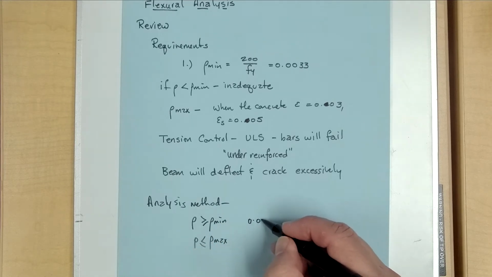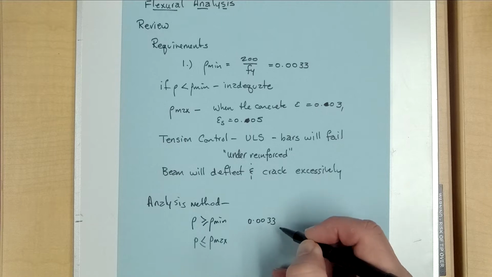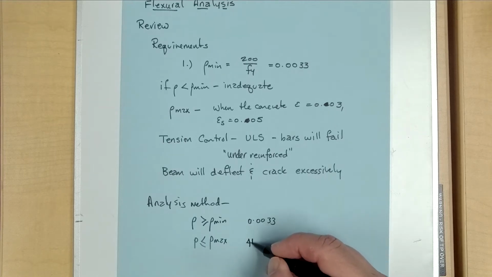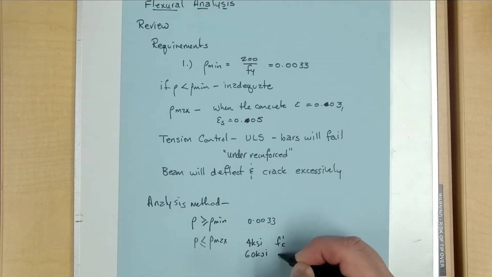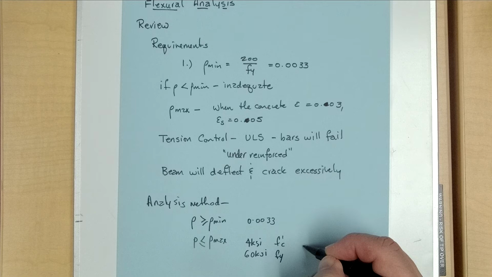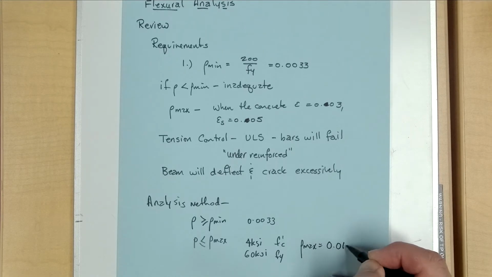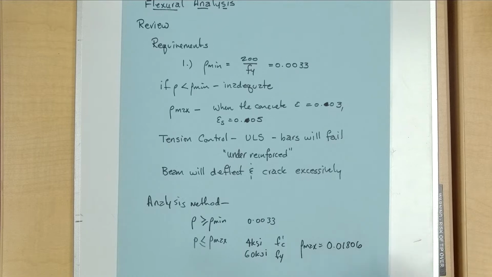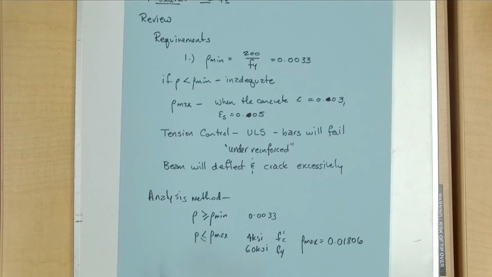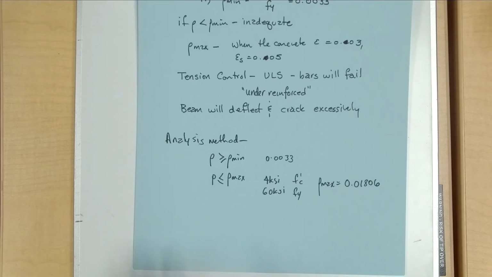This is 0.0033, and for 4 KSI concrete and 60 KSI steel, rho max is equal to 0.01806. Rho max is an algebraic expression that depends only on the materials from which the beam is made.